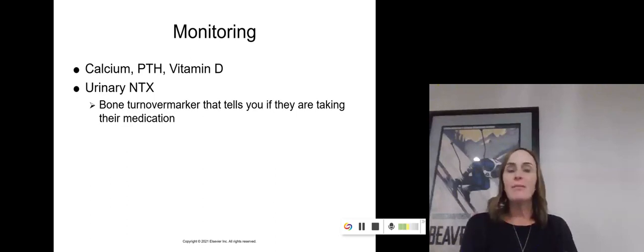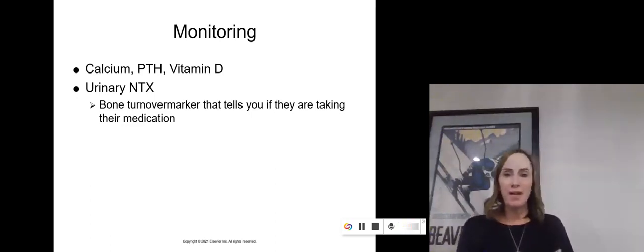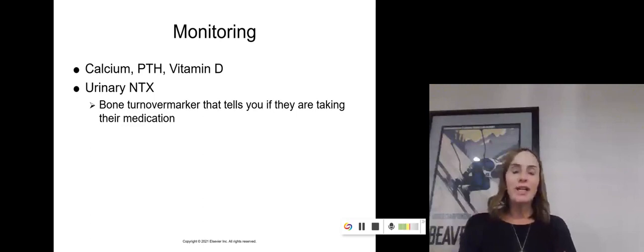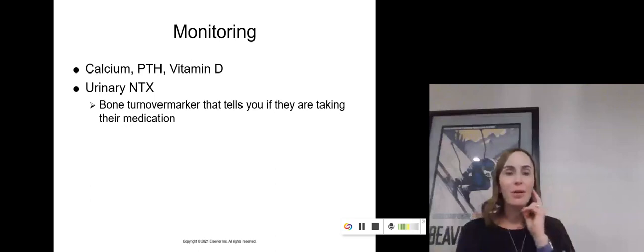A urinary NTX is a great tool to use to see if they are absorbing their bisphosphonate. So urinary NTX is essentially a marker of bone turnover. When somebody is on a bisphosphonate, their NTX, typically it's supposed to be done as the second morning urination, is going to drop with treatment.